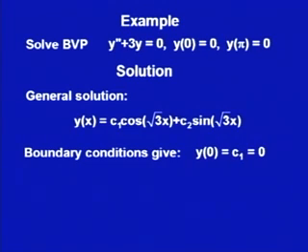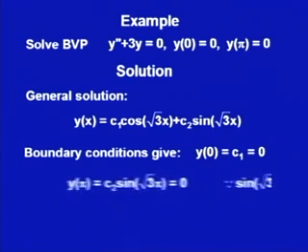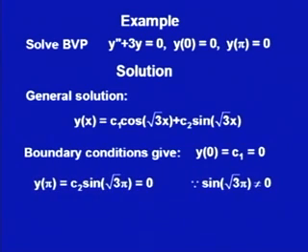Now, if I put x is equal to pi, I would get y pi is equal to C1 cos square root 3 pi plus C2 sin square root 3 pi, but since C1 is 0, I would get only C2 sin square root 3 pi is equal to 0. Now, since sin square root 3 pi is not 0, this simply gives me C2 is equal to 0. So, we are getting both C1 and C2 as 0, which says I am getting the trivial solution only, y equal to 0.